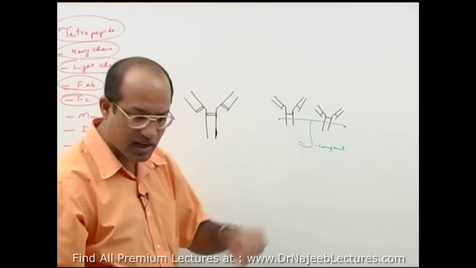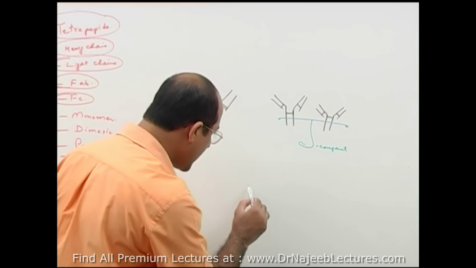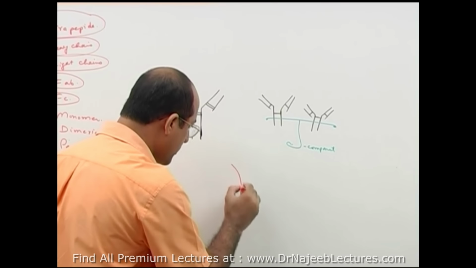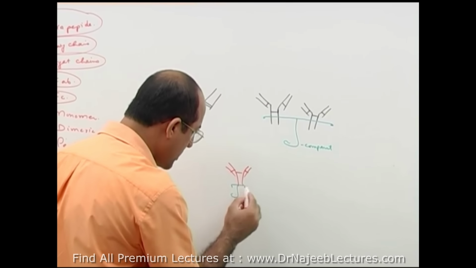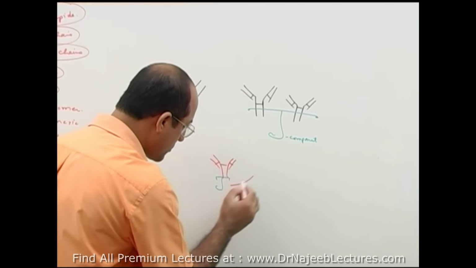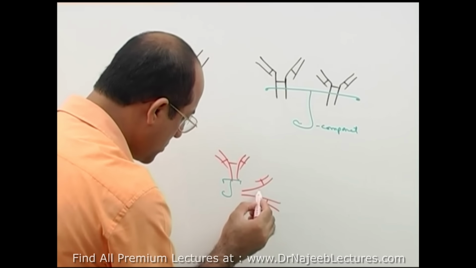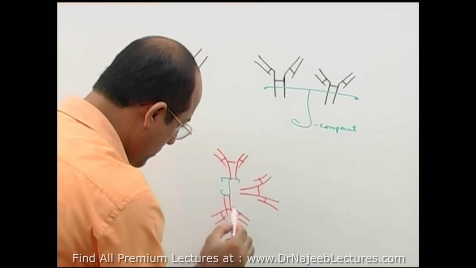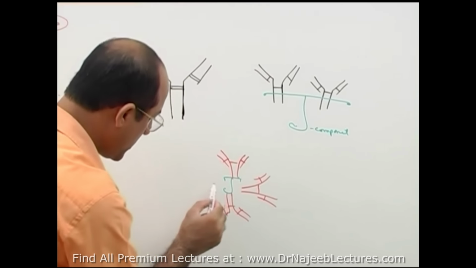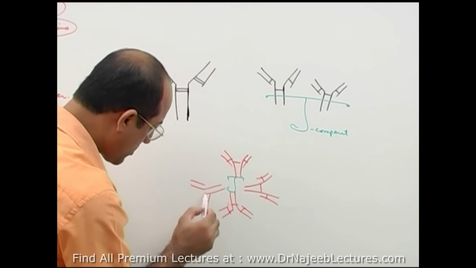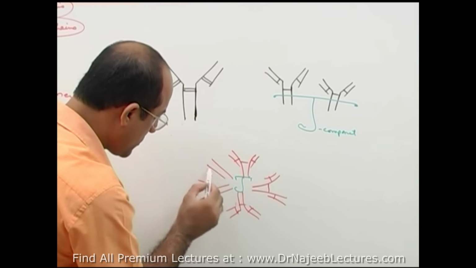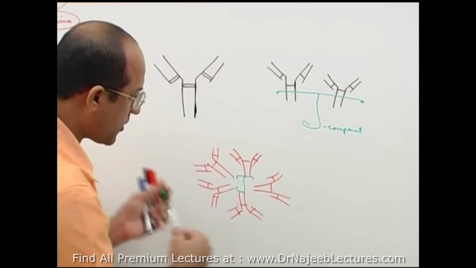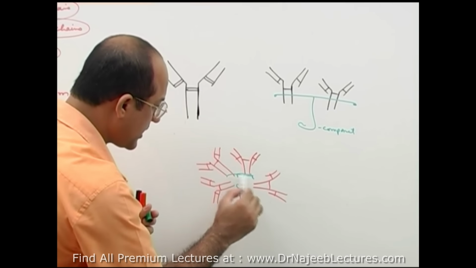Sometimes what happens is that with the joining component there are 1, 2, 3, 4 and 5. Now in this case, this J component is holding how many chains together?